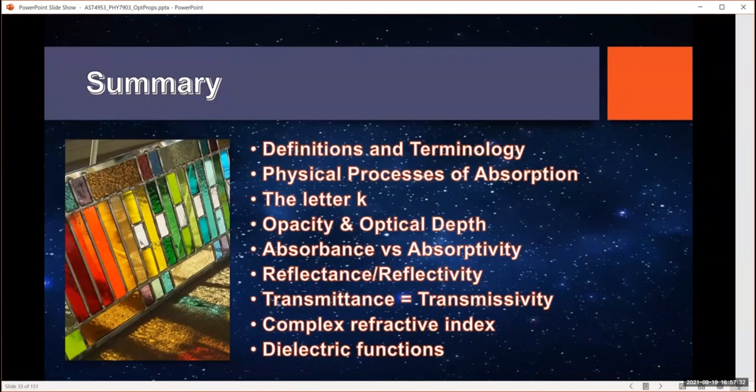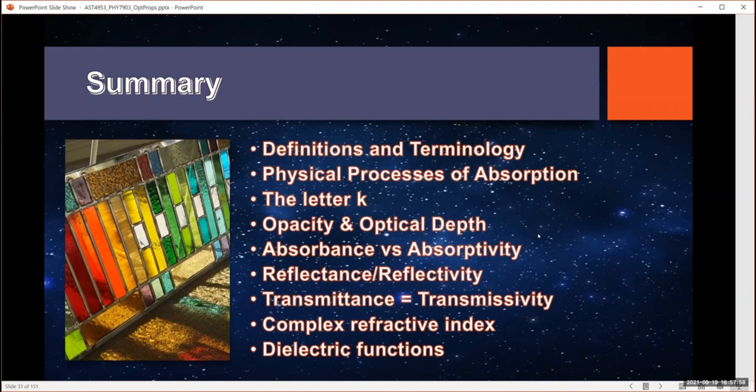Just to summarize this introduction to some of these ideas that we're going to need to use to understand the optical properties of solids, we went through some definitions and terminology. We talked a little bit about the physical processes of absorption, that is, that it is energy from light that is then trapped by a material and it's absorbed in different ways. We talked about the letter K and how complicated things get when people use the letter K all the time.